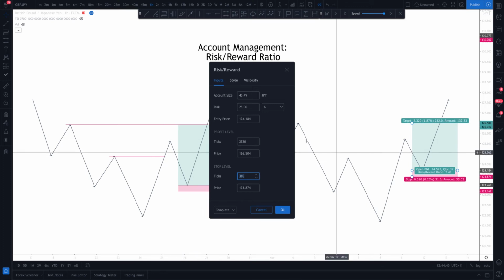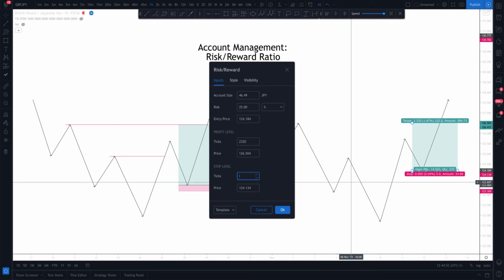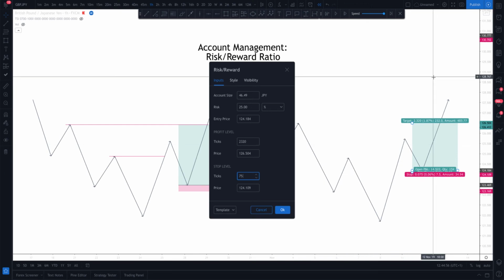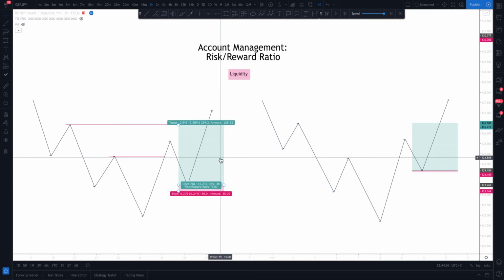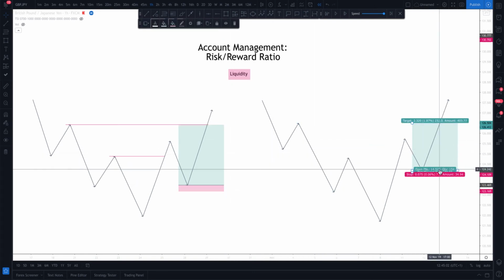These two are the same setup, the same trade, but you can afford to have a 10 pip stop loss, or a 5 pip stop loss, or like I showed you in the previous video, a 7.5 pip stop loss. So whereas here you made 9%, here you're making 14. So why would you want to take a trade that's not making you as much money?